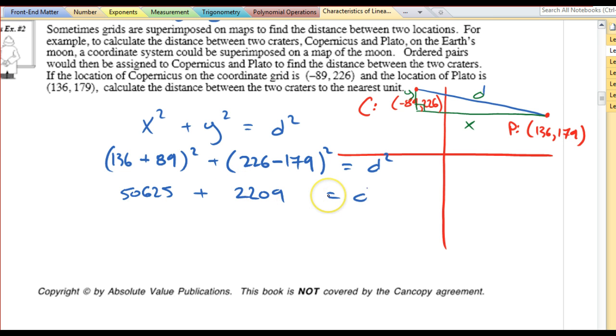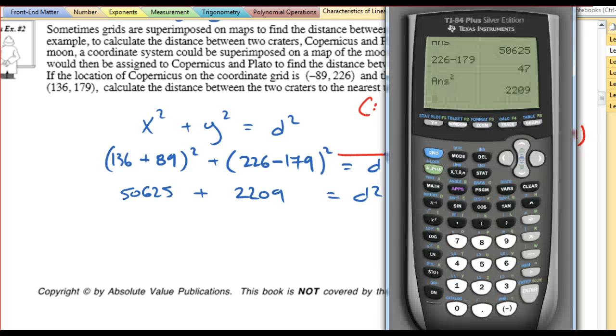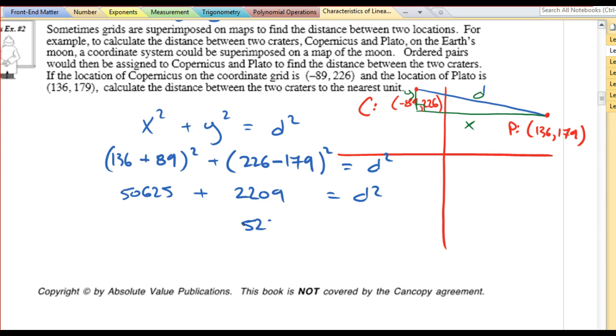So 2209 equals d squared. Okay, let me go ahead and add those numbers up. So I'm going to add that to 50,625. Hit enter, and then don't forget to take the square root. Let me write it out. 52,834 equals d squared. And then don't forget to take the square root to get your final answer.